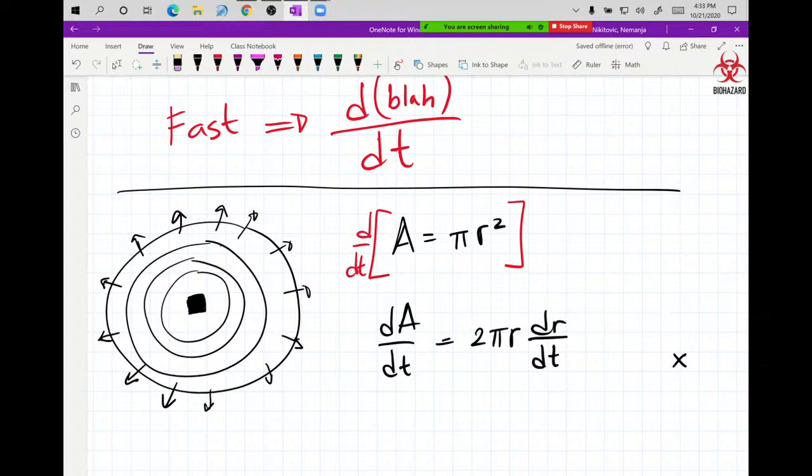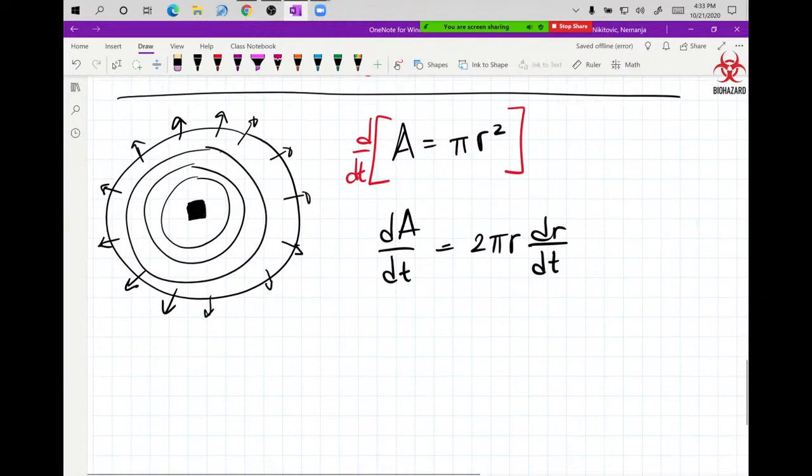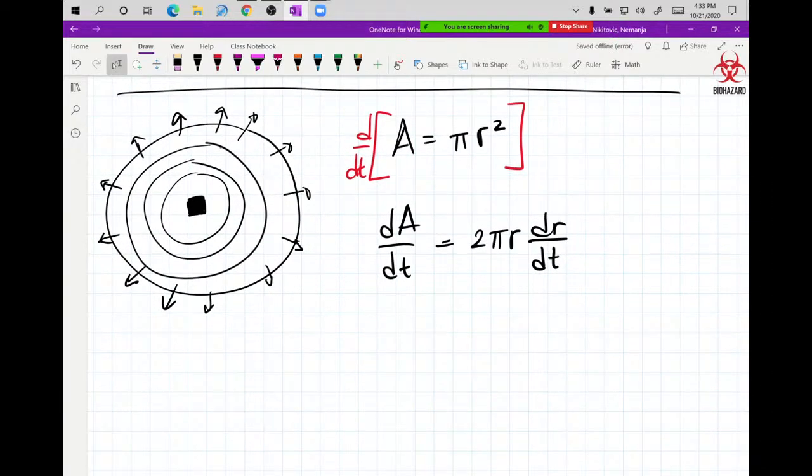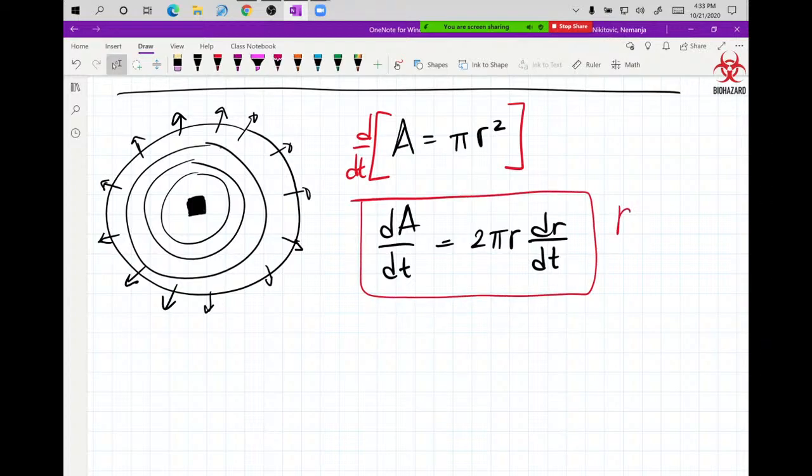So now this is what we have. This is my related rates model that I can use to calculate how fast this oil spill is spreading away from the oil rig where we have a leak.